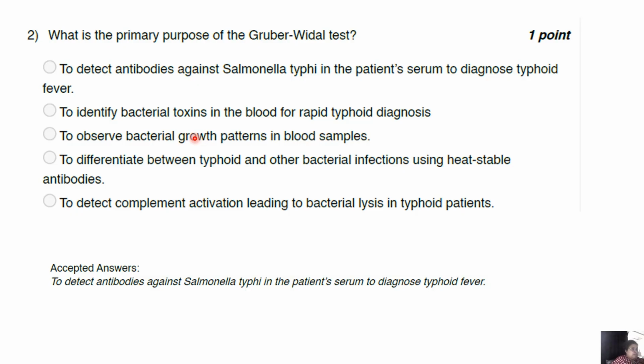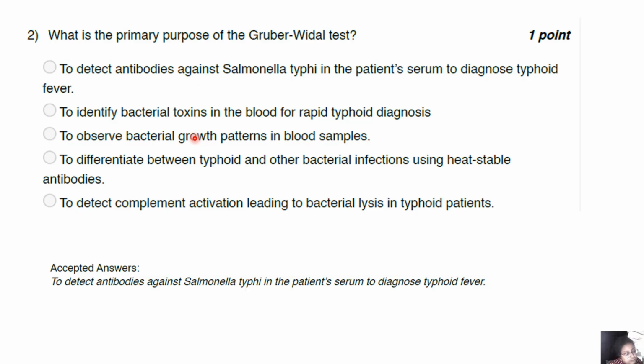Interpretation: a fourfold rise in the titer between acute and convalescent sera is diagnostically significant, and single high titers must be interpreted cautiously due to prior vaccination, endemic exposure, cross reactivity, and all of that.